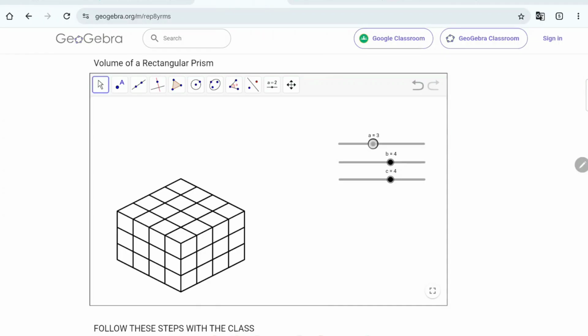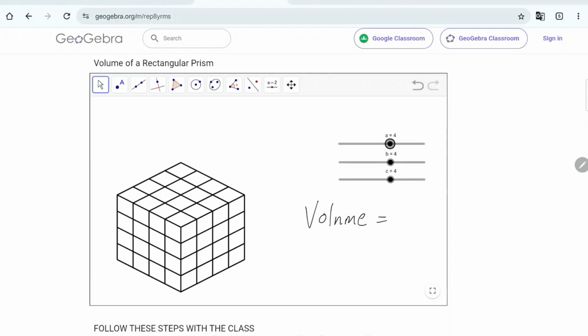And if we were to add another layer, we would have 4 layers, which is 64 cubic units inside the shape. So we can say the volume equals 64. Let's say that it's in centimeters cubed.